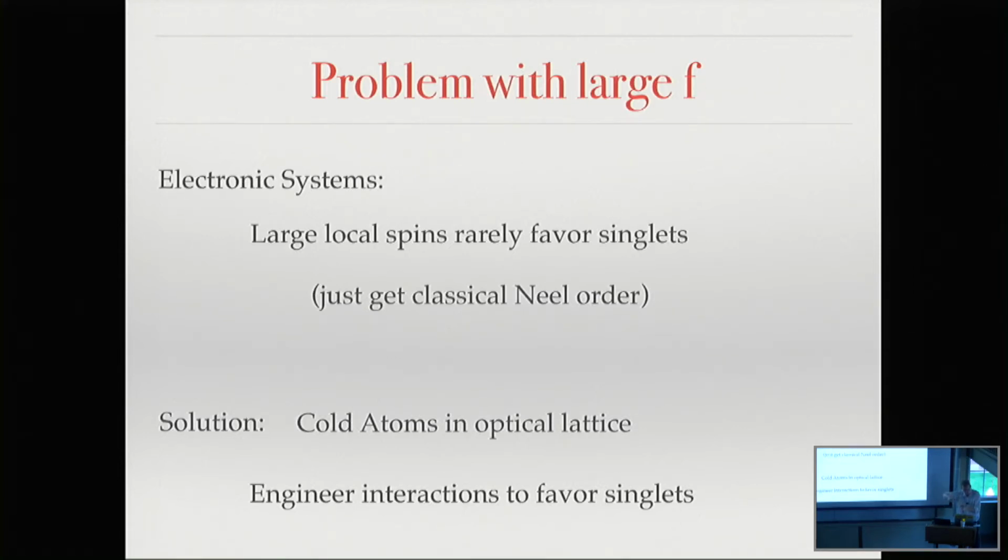Right? And so you just make small changes to your spin, and that tends to make them look very like classical spins. Right? So we're looking for a large spin system which is not just turned into classical guys sitting there. Okay? And so that motivates trying to think about cold atom systems and trying to engineer something there.